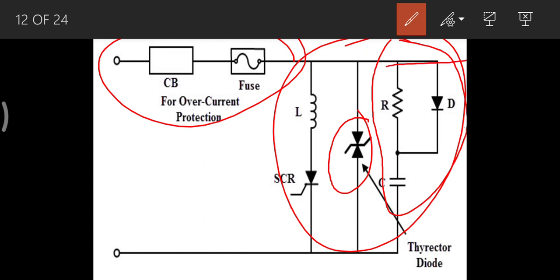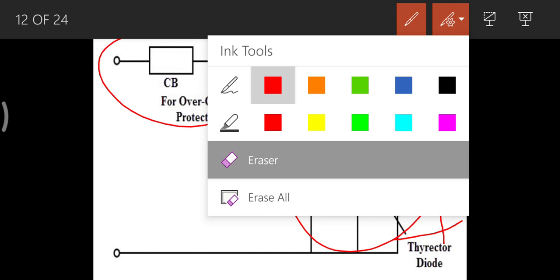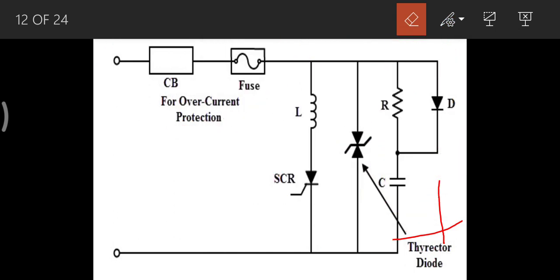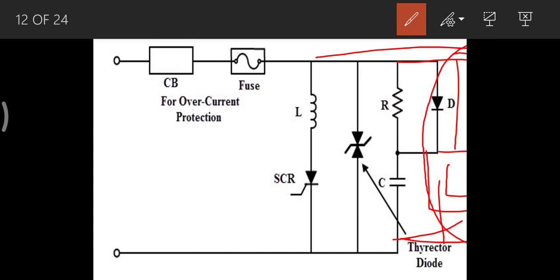The load is connected across here. This is considered as a load. So if any fault occurs on this side, that means any voltages are raised here, they are not sent to the thyristor. Why?